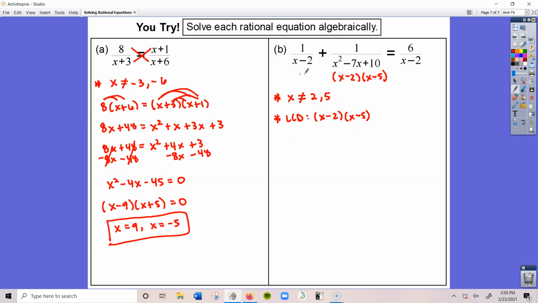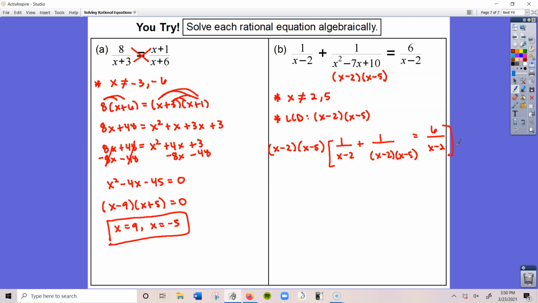And now I'm going to take this entire equation and multiply it by the LCD. So we have (x - 2)(x - 5) multiplied with 1 over (x - 2) plus 1 over (x - 2)(x - 5) is equal to 6 over (x - 2).